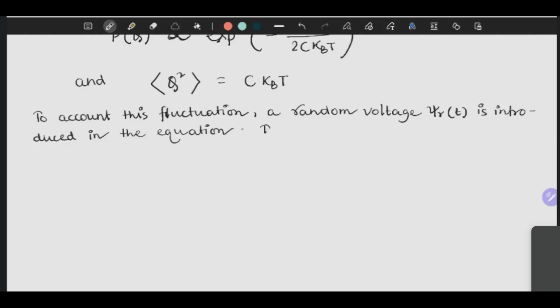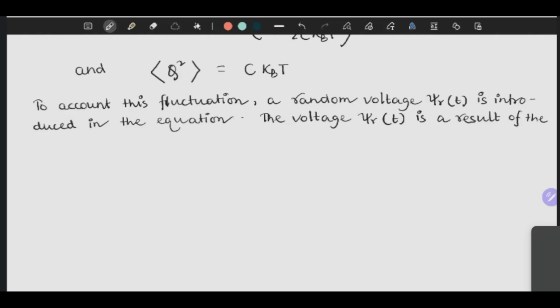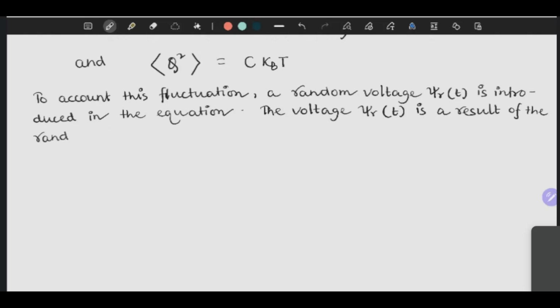And the voltage psi_R(t) is a result of the random motion of charge carriers in the system.